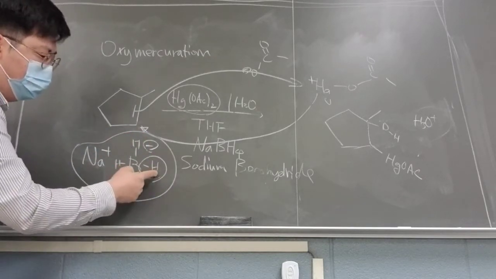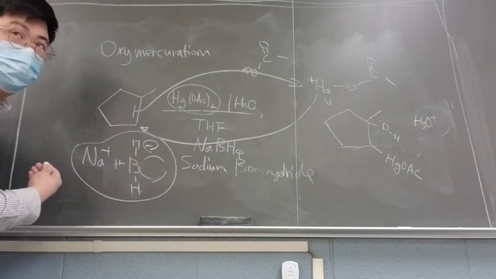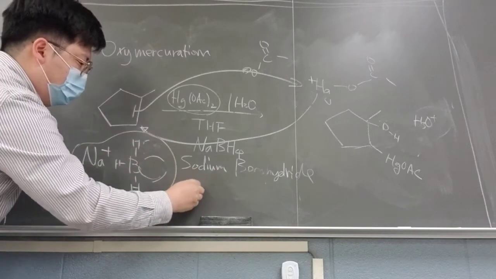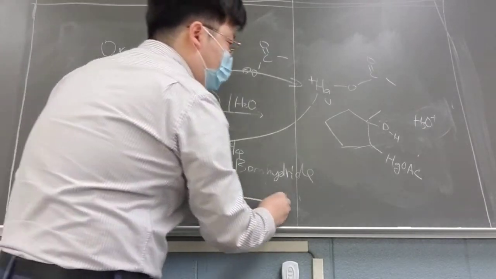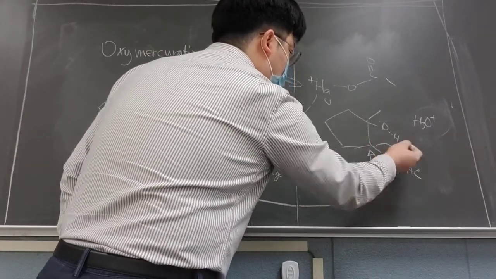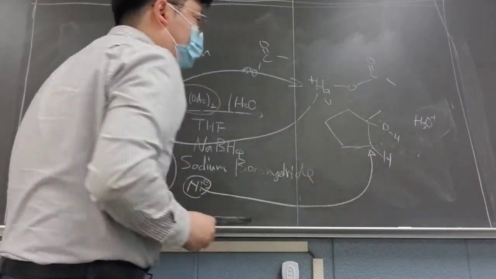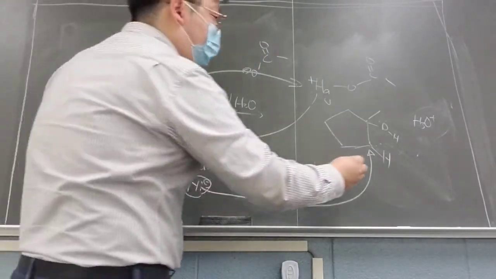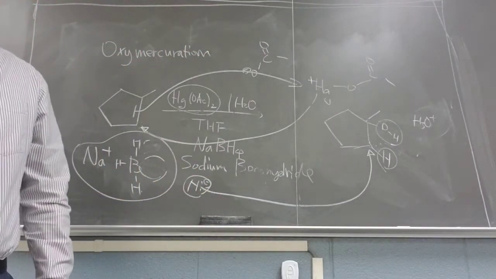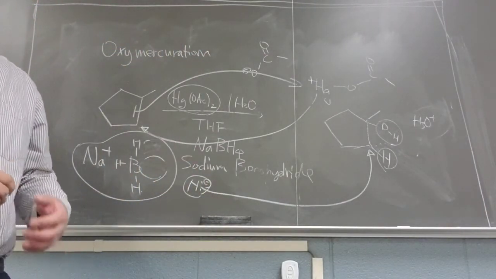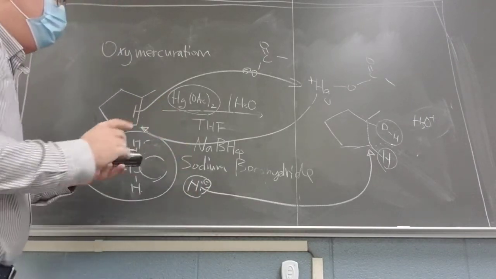So not just hydrogen, but hydrogen with a pair of electrons. So they push, so they're gone. So it's the hydration too. Makes sense, right? So you don't have to know the mechanism.